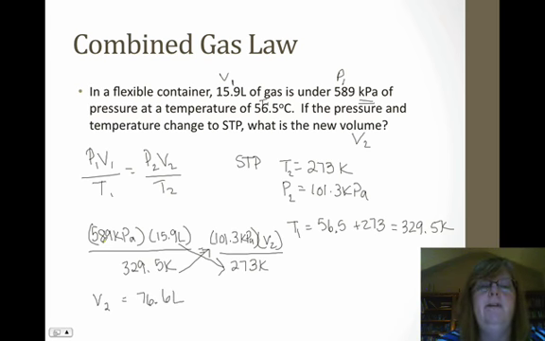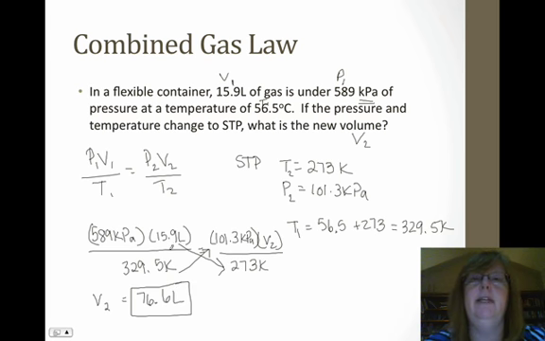So I multiplied 589 times 15.9 times 273, and then I set that equal to 329.5 times 101.3 times V2. Then I took the product of this and divided it by the product of 329.5 times 101.3. And my final answer is 76.6 liters.